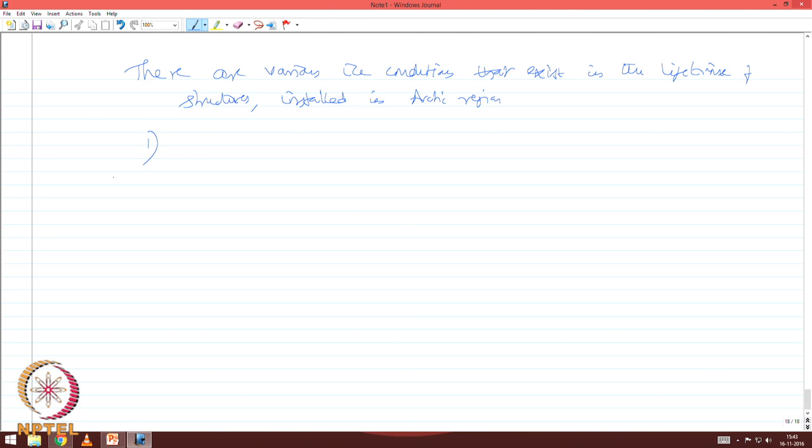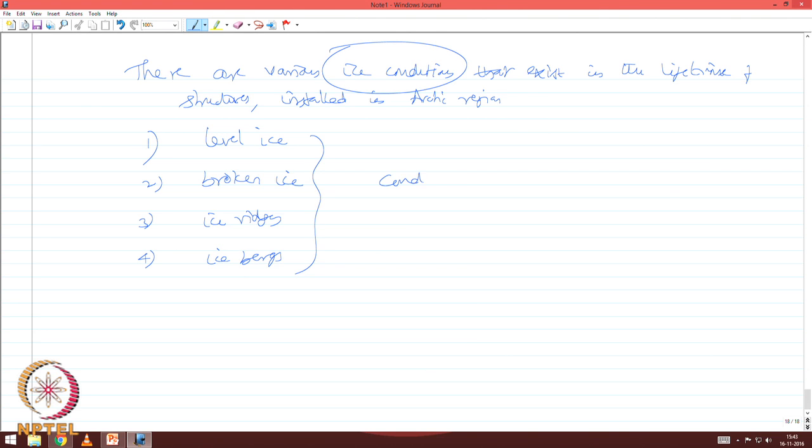For example, you can have something called a level ice, you can have something called a broken ice, ice ridges and icebergs. These are different conditions of ice that may exist during the lifetime of the structure.